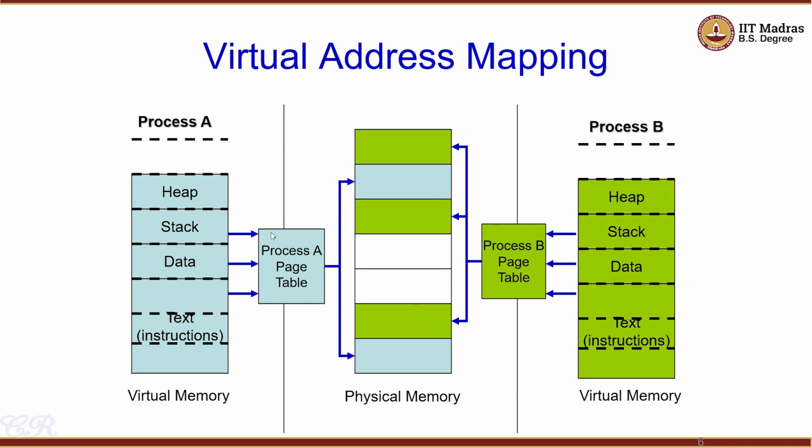Then, with the help of a hierarchy of page tables, this virtual address space is translated to an address in the physical memory. So, for instance, here is some data or instruction. It gets translated to some location in the physical memory.